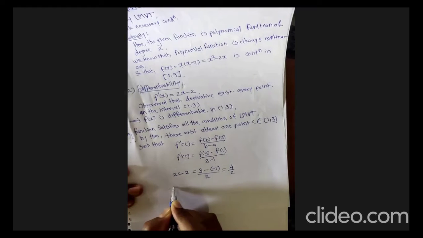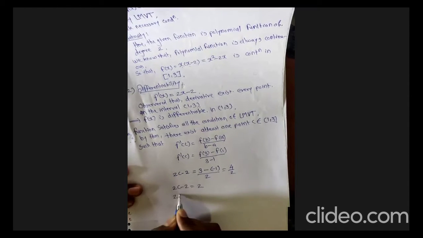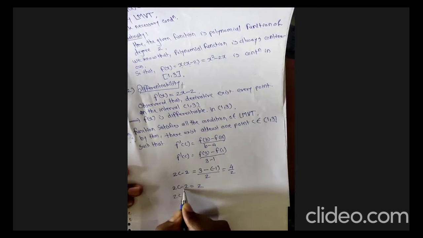So here we get 2C minus 2 is equal to 2. That is, 2C is equal to 2, and if we shift the minus 2 to the RHS, 2 plus 2 is 4. So C is equal to 2.